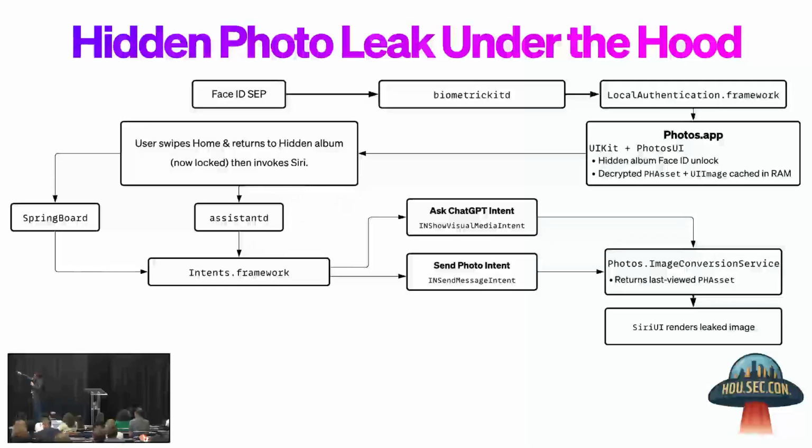You can either have it send that photo to a contact, or if you have the ChatGPT extension enabled on your iPhone, you can type it to ChatGPT and it will reveal the last hidden photo that you viewed in your album without prompting you for Face ID.